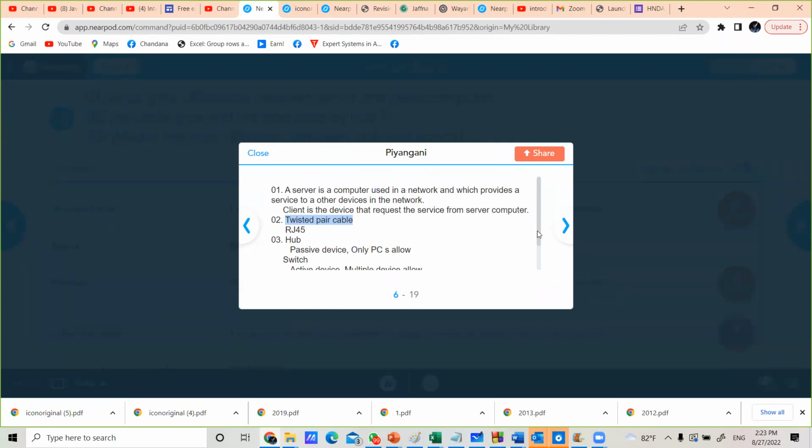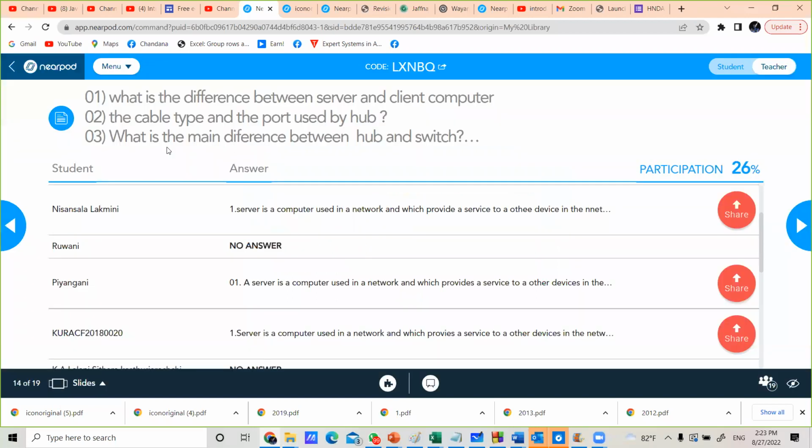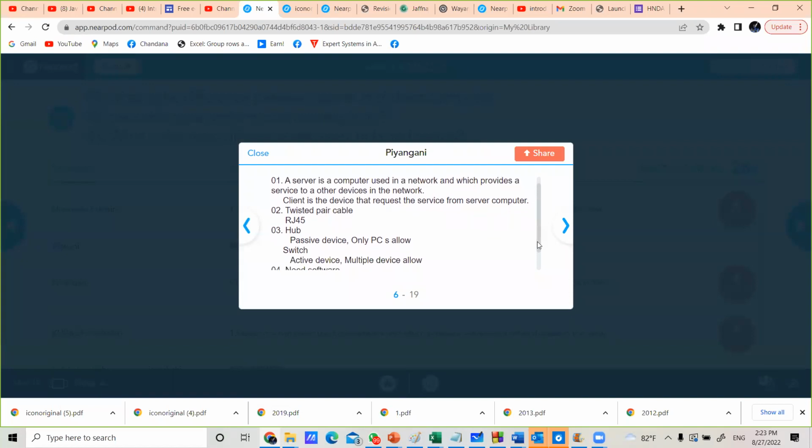Third one, the difference between hub and switch. Here, actually, you are giving the features. The question asks about the main difference. What is the main difference between hub and switch? Right? In your answer, you wrote about the features. Hub passive device, switch active. That's the comparison, not the difference. Then what's the difference?